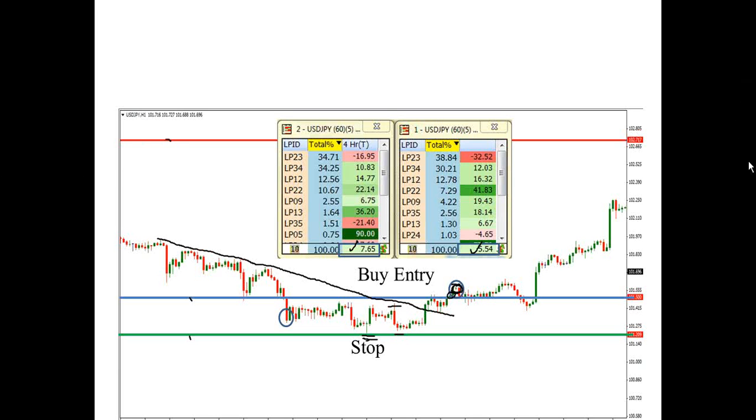There was another question on here that I didn't get a chance to look at. Once you get into the trade and the 1 and 4 hour totals are green, would you get out when the 1 and 4 hour totals turn red?